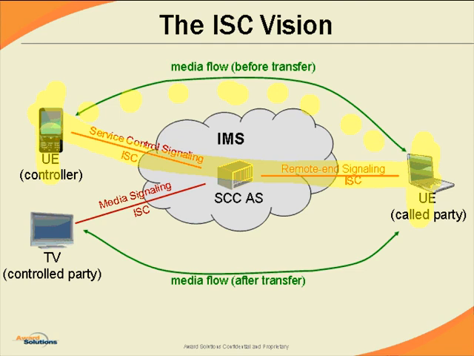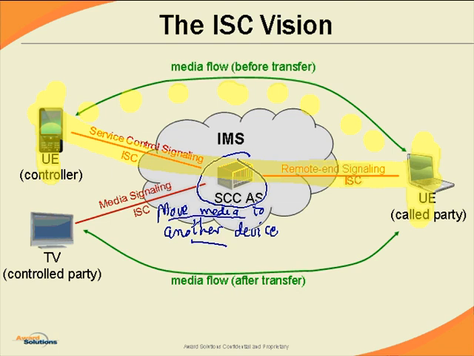But after some time, we want to move media to some other device. So in that case, we will use the help of some application server, service centralization and continuity server, to help us move the media to another device.